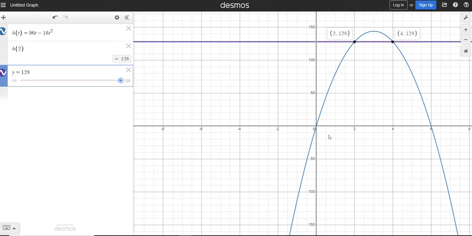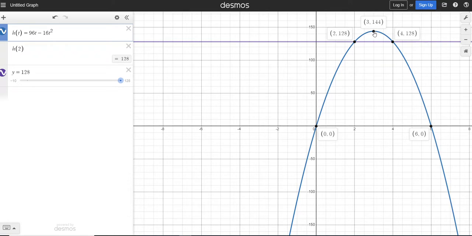We wanted the zeros here and here: 0 seconds when we first throw the ball up in the air, and 6 seconds the height is back at 0 on the ground. And then the highest point, the vertex, there we are at 3 seconds and 144 feet. So a graphical approach to this problem actually goes really quickly and smoothly.